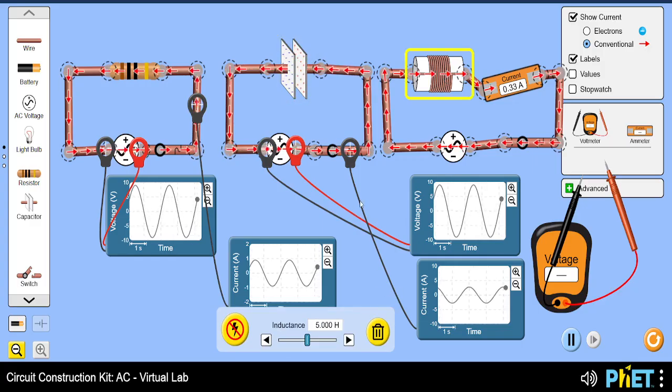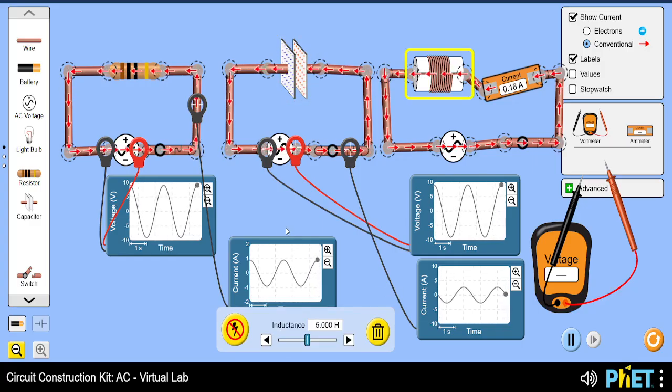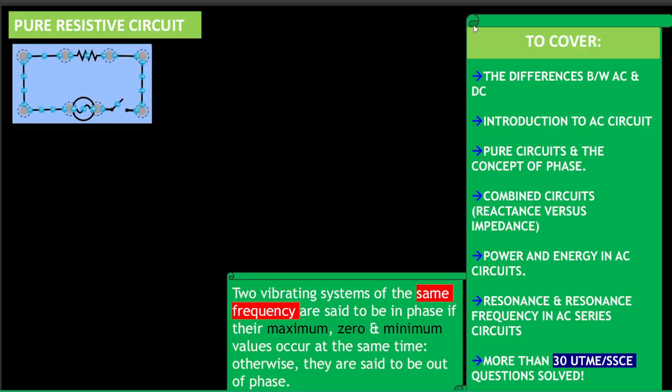I hope you understood that. All right. So there are about 5 points that I'd like you to take note of with respect to each of them. So for a pure resistive circuit, point number 1: the opposition to the flow of current introduced to the circuit by the resistor is R. That's resistance, and the unit is the ohm.